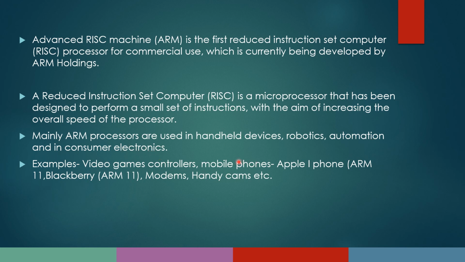For example, we can find ARM processors in mobile phones like Apple phones and BlackBerry, where we use the ARM11 version, and also in modems, handycams, etc. So remember that it was the first RISC machine introduced for commercial use.